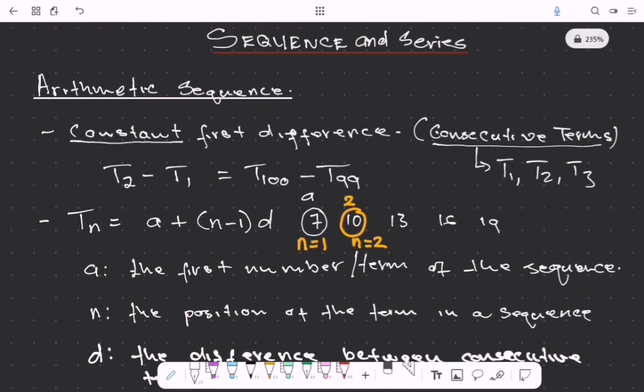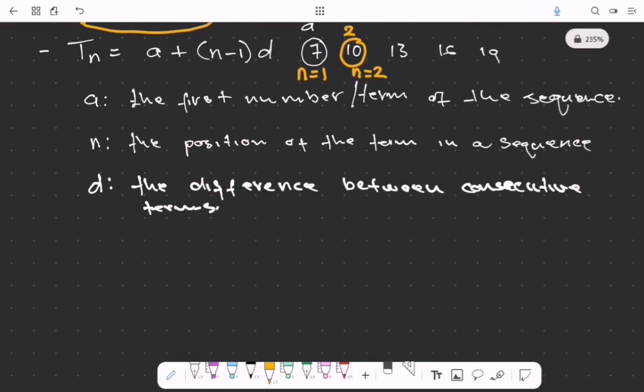Remember we talked about the constant first difference. So this D right here is this constant first difference that we were talking about when we gave an arithmetic sequence its properties, right? So please do remember that.